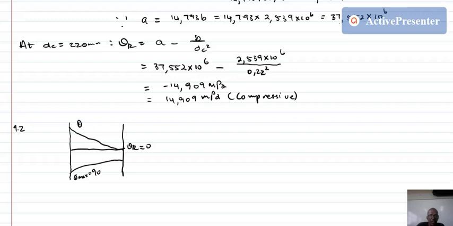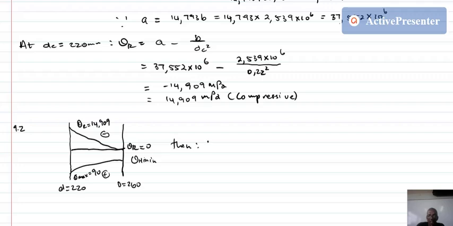I have my radial here, which is 14,909. As we notice, that is the negative side, that is the positive side. One thing left here is the hoop stress minimum. Then I can say it's at D, which is 260, and here I have D, which is 220.